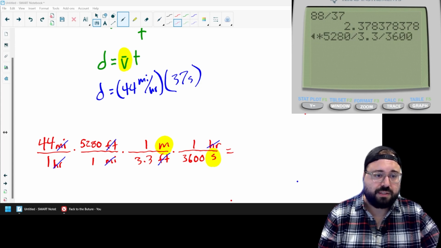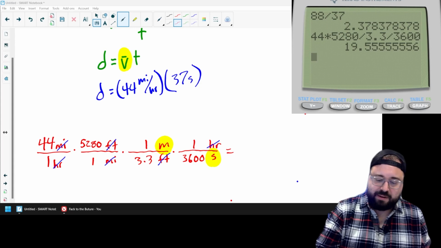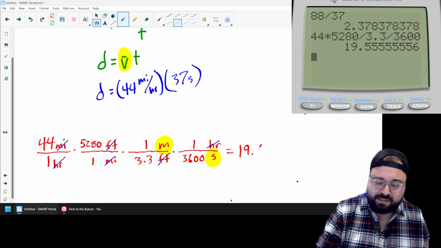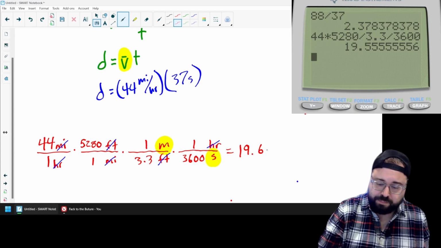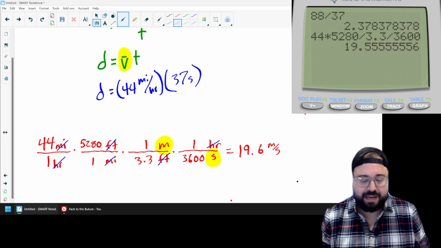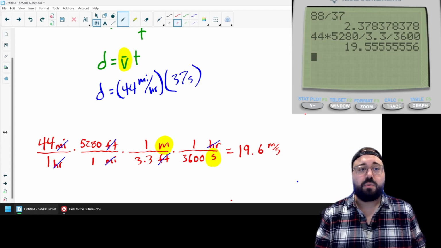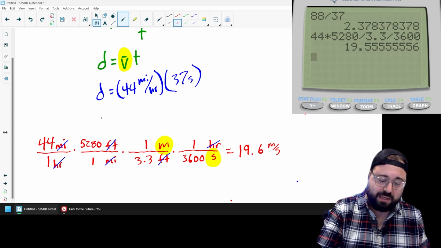And there we go. We've got 19.6. This is now meters per second, 19.6 meters per second. So 44 miles an hour is equivalent to 19.6 meters per second.